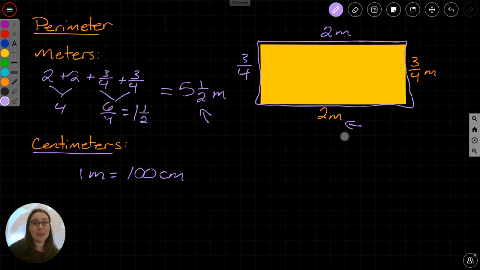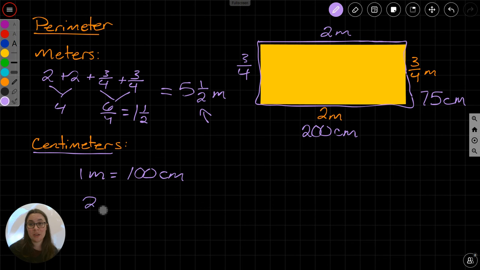So 2 meters equals, well, there's 100 centimeters per meter, so 2 meters is 200 centimeters. 3/4 meters, 3/4 of 100. If 1 meter is 100 centimeters, 3/4 of a meter is 3/4 of 100, which is 75 centimeters. And I'm going to add those up.